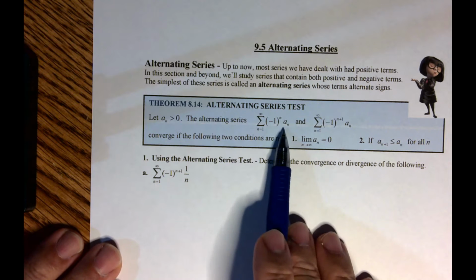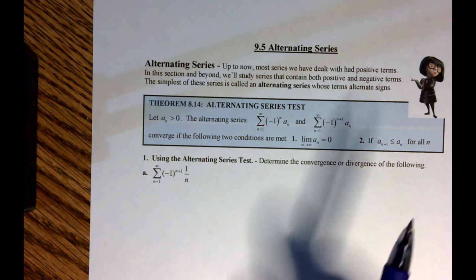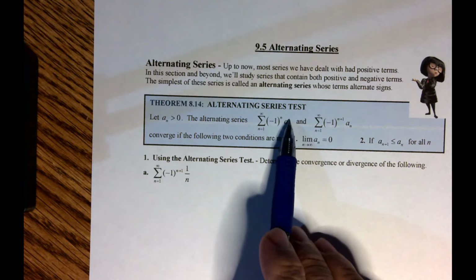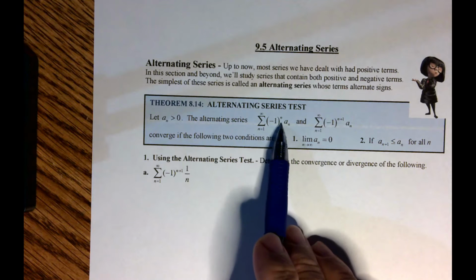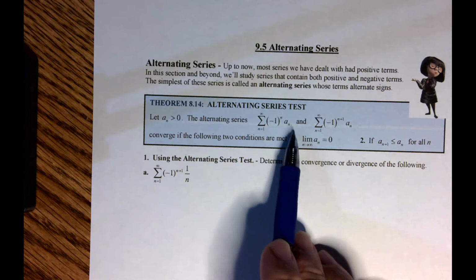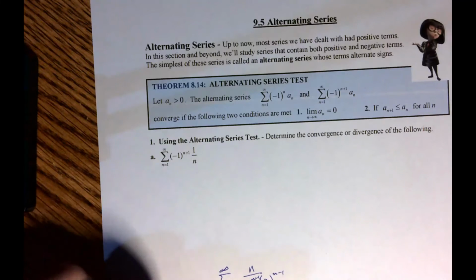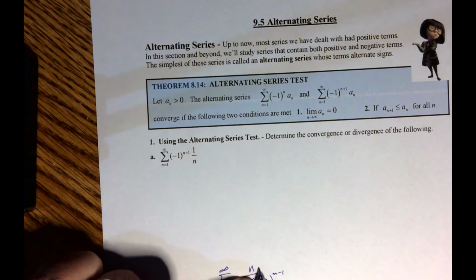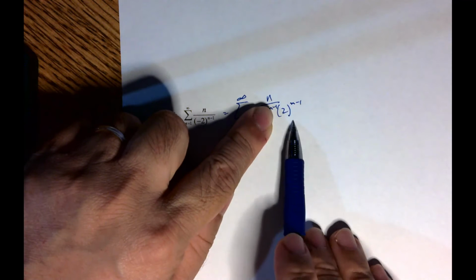So if you have an alternating series, the first condition is that you have to have an alternating series, and the terms outside of this -1 to the power have to be positive themselves. So 1 over n itself is positive. And if I take this out, then n over 2 to the n minus 1 in B is positive.